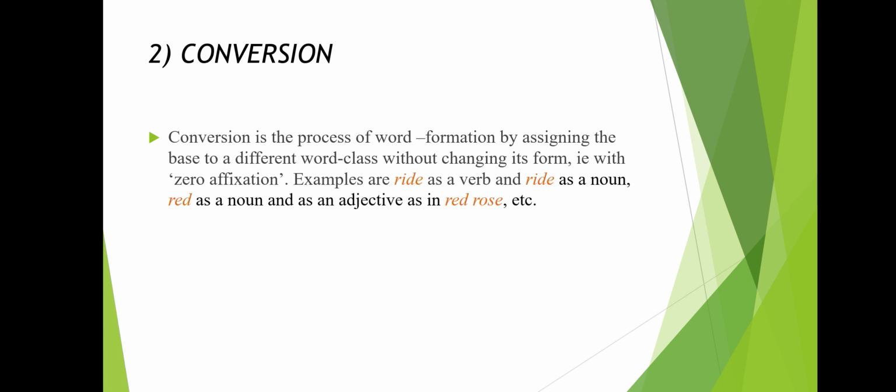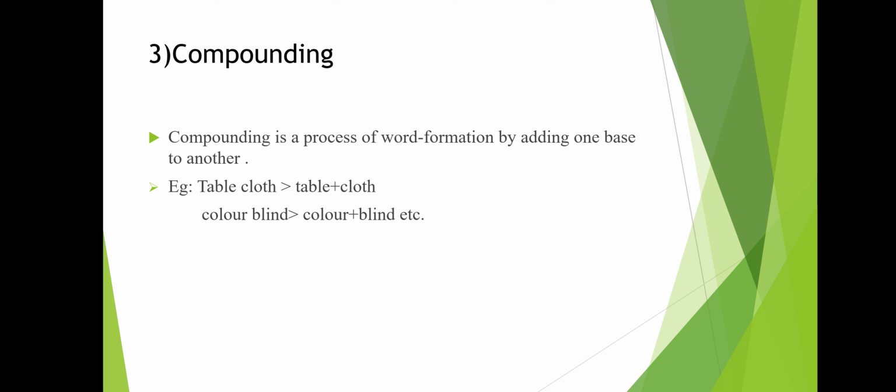That's all with conversion. Then the third method, which is very simple, is compounding. Compounding is a process of word formation by adding one base to another. It is a process of attaching a base to another. For example, tablecloth.